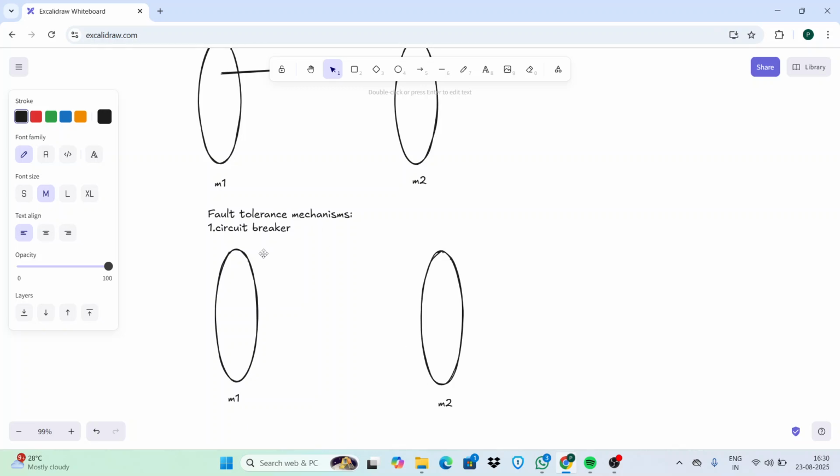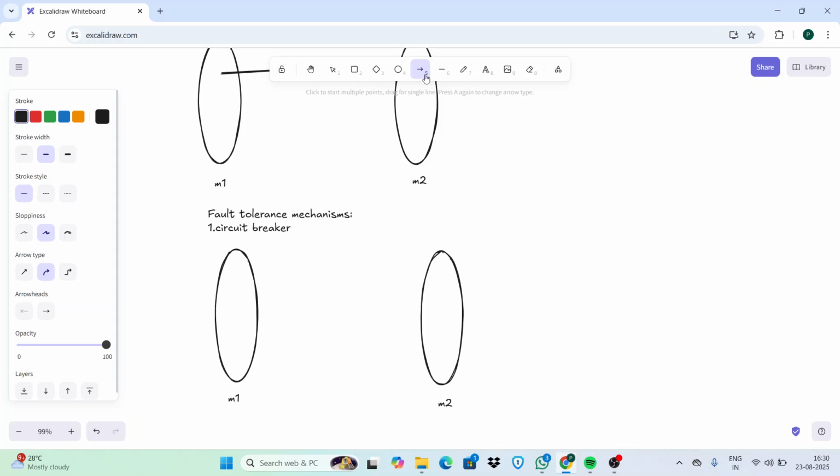Actually, circuit breaker says that M1 sends a request to M2, and somehow M2 is facing some problem, so it is unable to send a response. Then M1 sends another request to M2. M1 sends another request to M2.